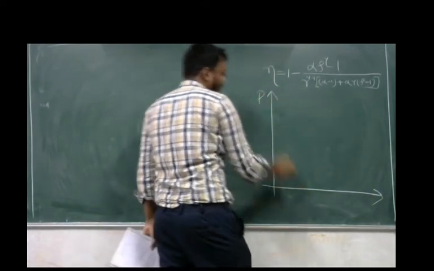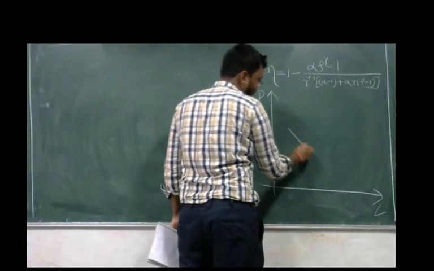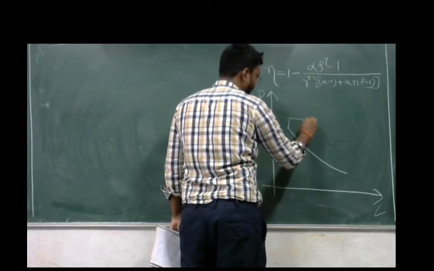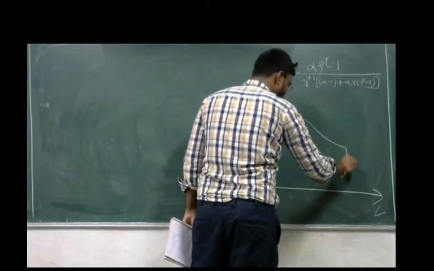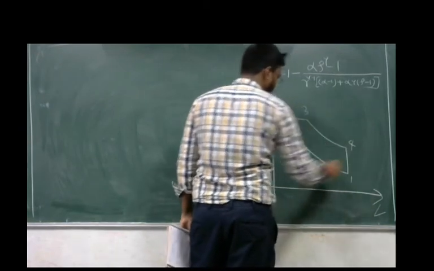Here I'm drawing the PV diagram for the dual cycle. Since the question is on dual cycle, you have to draw the dual cycle diagram. Dual cycle is like this: 1, 2, 2 dash, 3, 4.